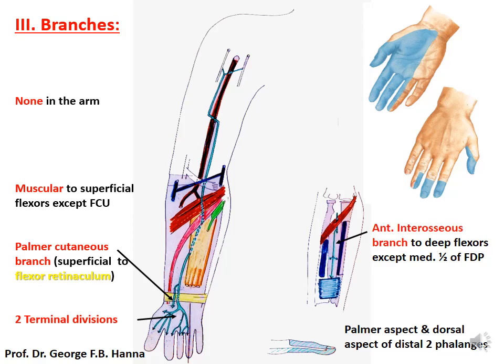You can see lower down, this is 1 finger, and the median nerve supplies the palmar aspect as well as the skin over the dorsal aspect of the distal 2 phalanges of the lateral 3.5 fingers, of course.